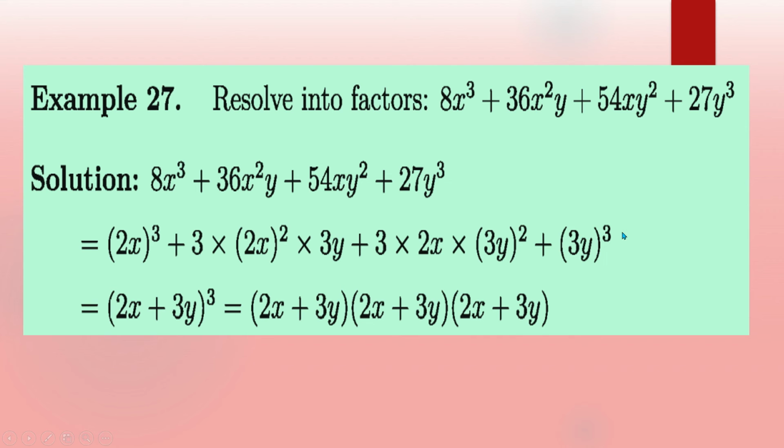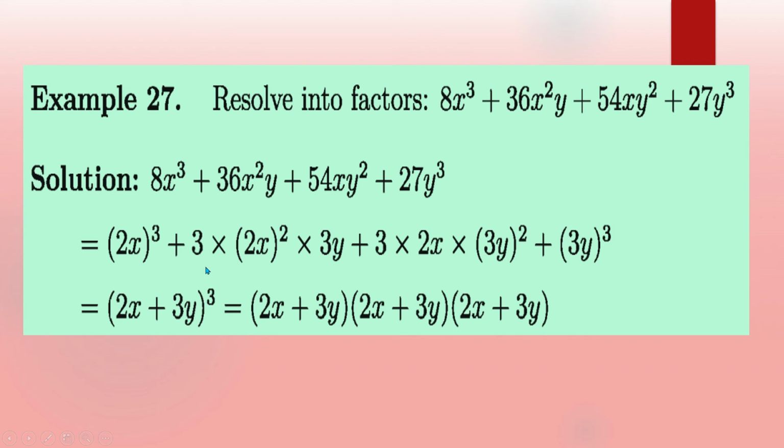We can write this, no problem, plus 3ab square, a means 2x, b means 3y whole square, plus b cube. That means a cube plus 3a square b plus 3ab square plus b cube.